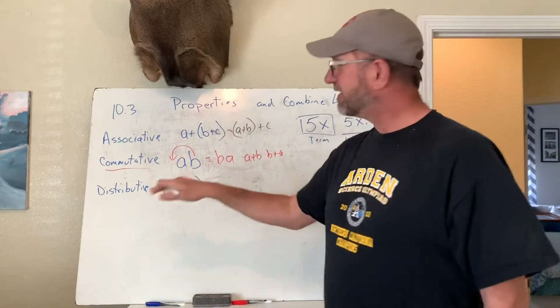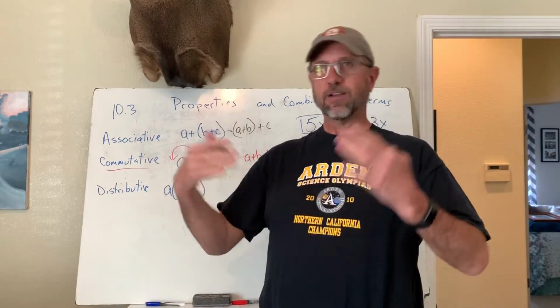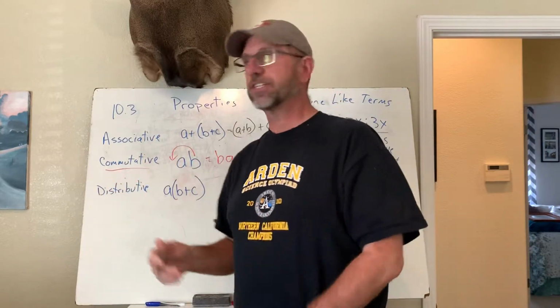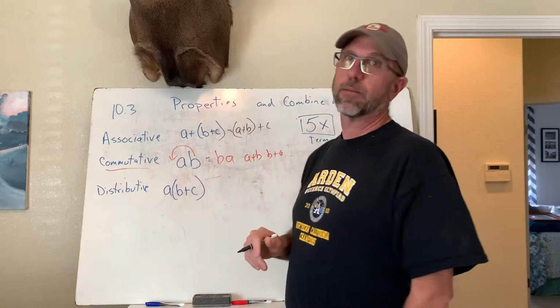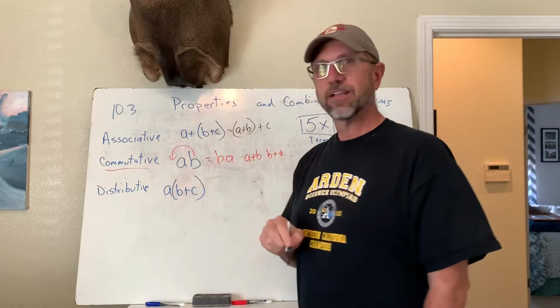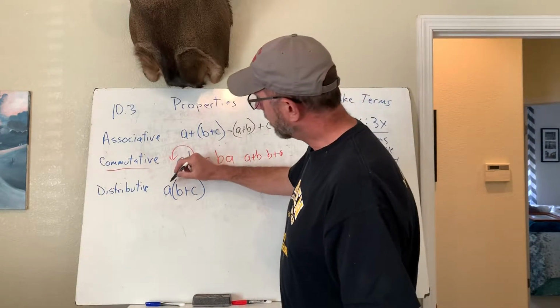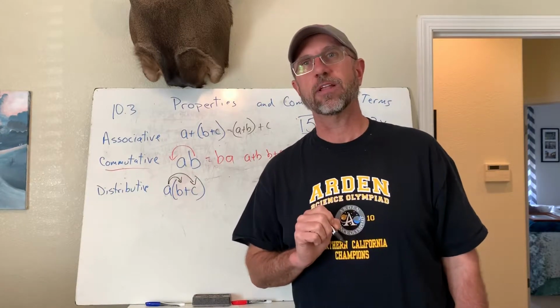Okay, now the distributive property. You can look at the whole definition if you want, but essentially what you're doing is you're distributing throughout parentheses. So here it's A times parentheses B plus C, and we're going to multiply A times everything in the parentheses.